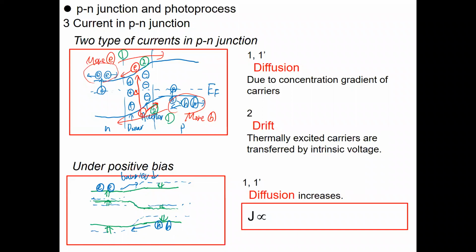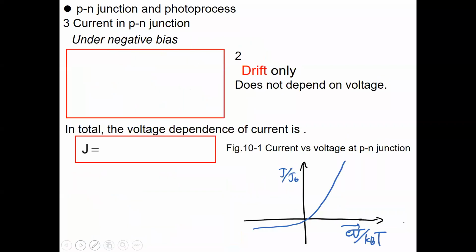And this diffusion process is actually proportional to e^(eV/kT). So by applying the voltage, the current increases exponentially with V. That's the positive bias case.